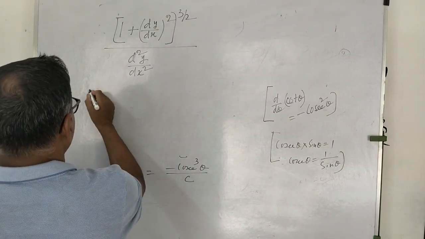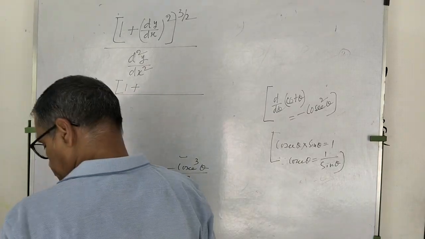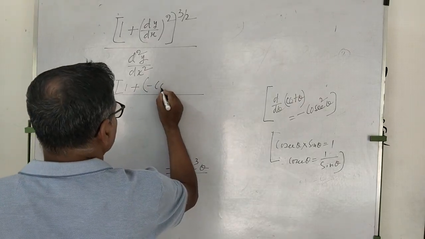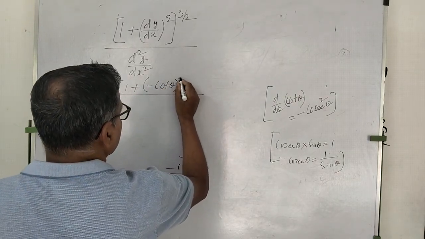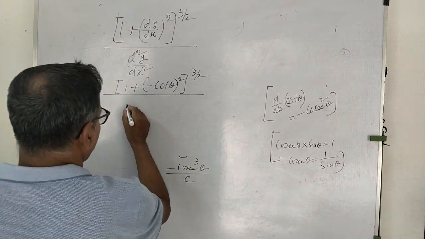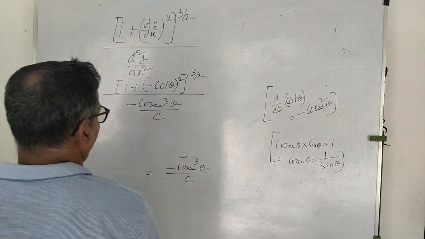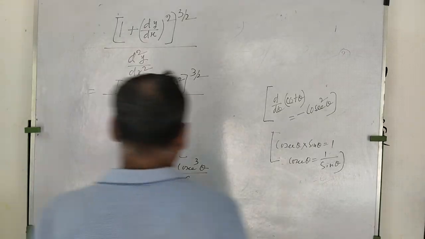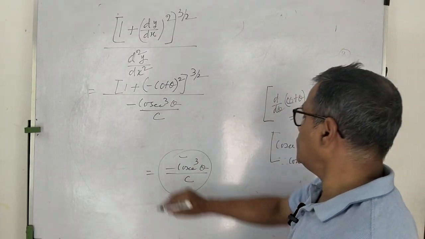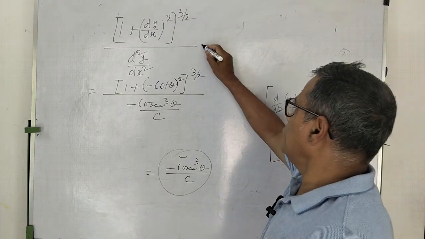Here 1 plus (dy/dx, which means −cot θ) whole square, to the power 3/2, and d²y/dx² is −cosec³ θ by c. Substituting the values of dy/dx and d²y/dx² in this form.